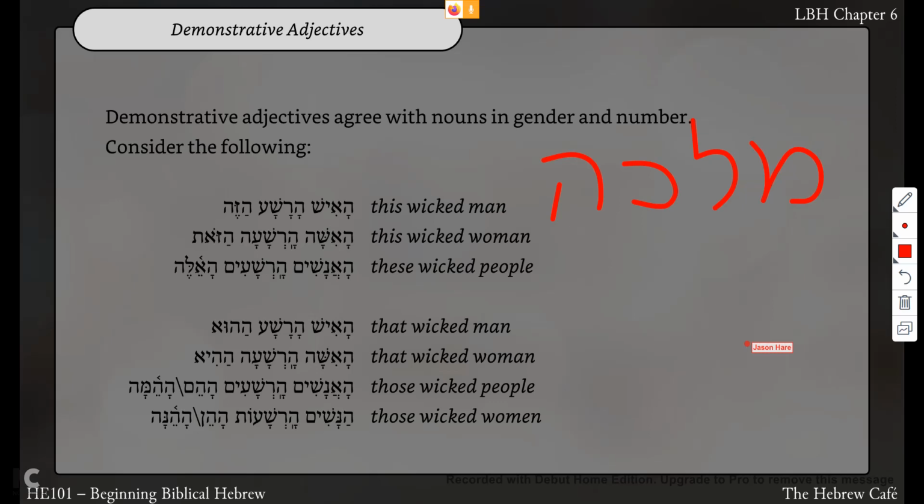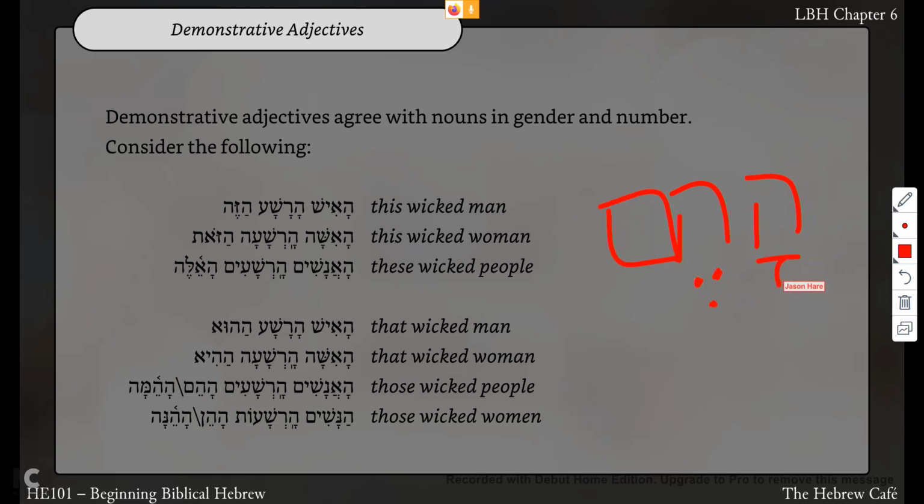Excellent. The personal pronouns for the plural are also masculine and feminine. Hem, hen. So when you put the article on it, it becomes ha-hem. Ha-hem means those ones. We can also have an ah ending on these, and it means the same thing. So you can say hahem or hahema.